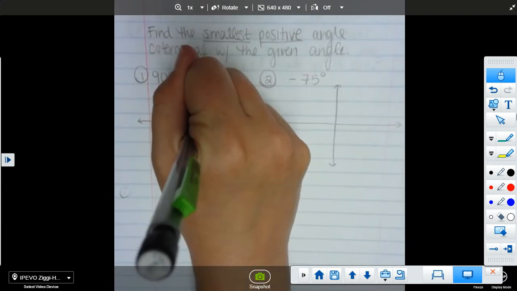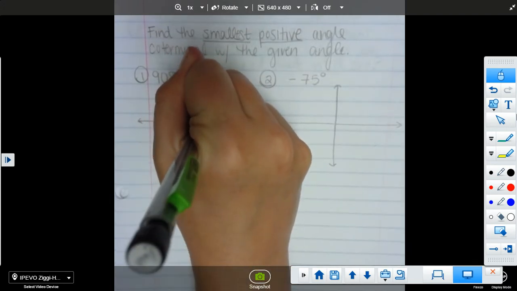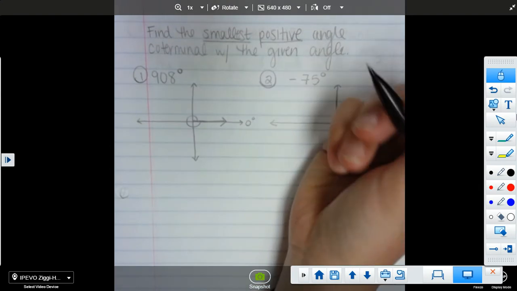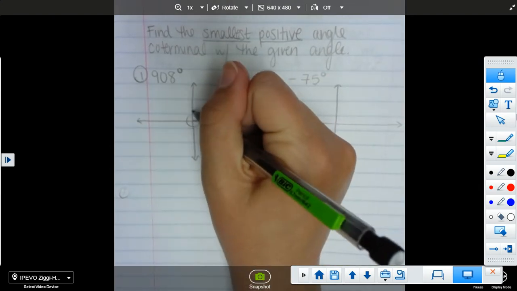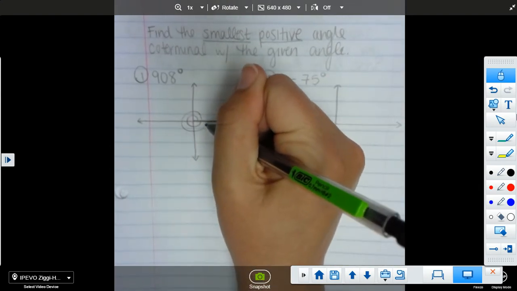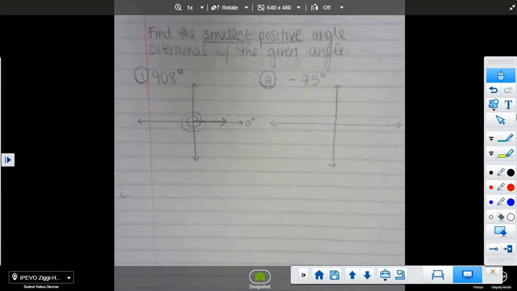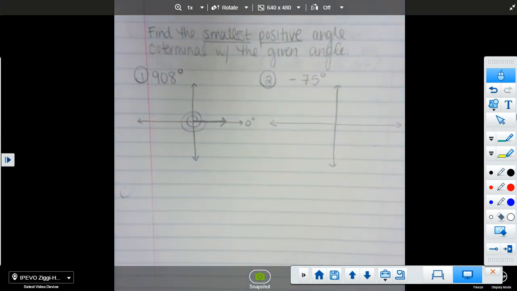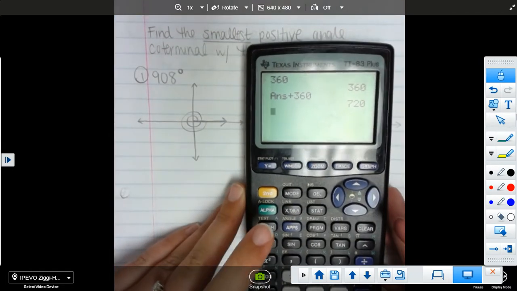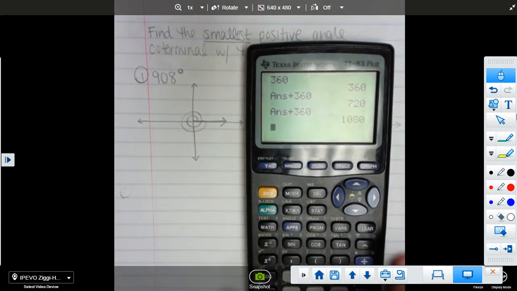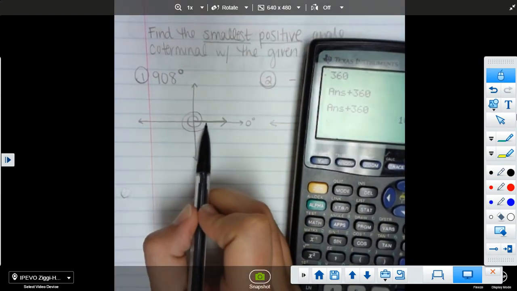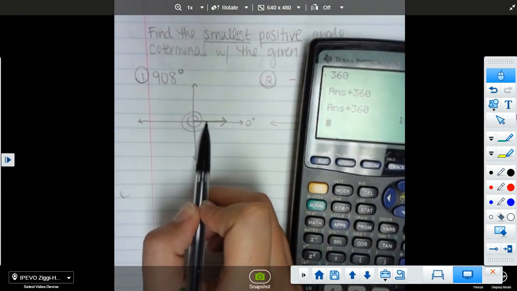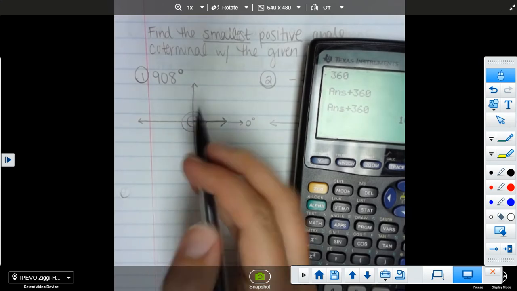So if we go clockwise, one rotation around would be 360 degrees, plus another rotation around would be 720 degrees, plus another rotation around would be 1080. So that is too far. But while we're here, we're at 720.